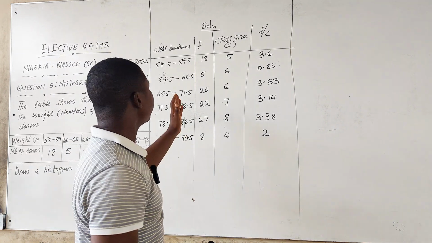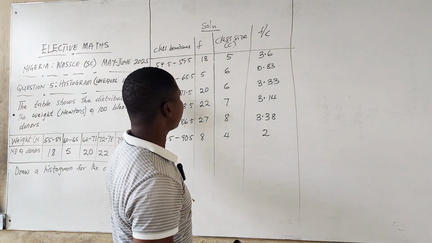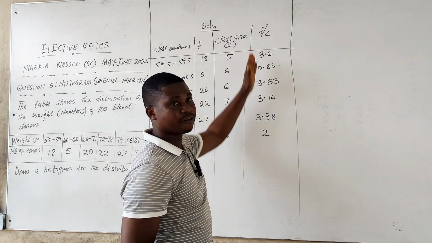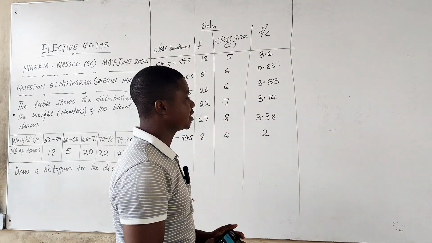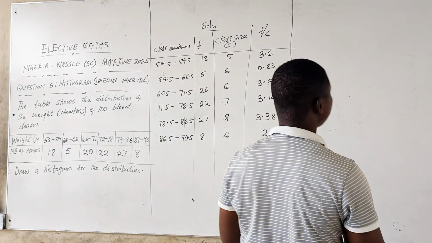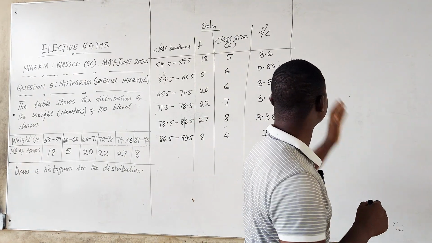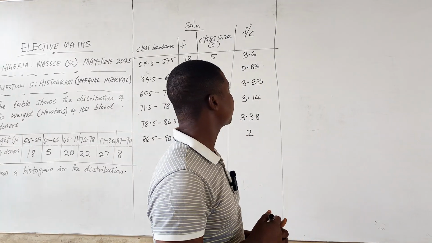So we are going to plot the graph of the class boundaries against the frequency density. I don't have a graph board here, so we are going to manage with this, though the graph wouldn't be as accurate as when you are using the graph board.